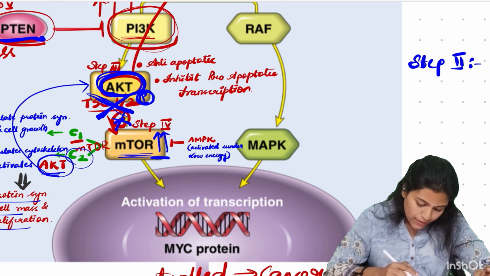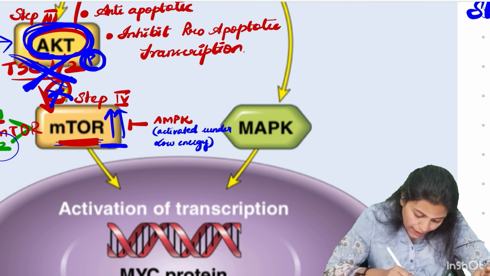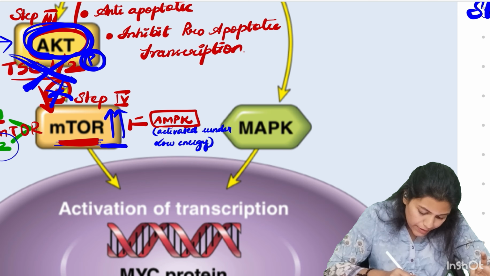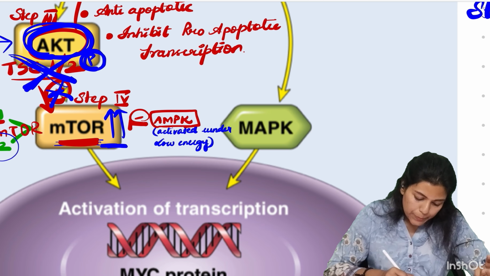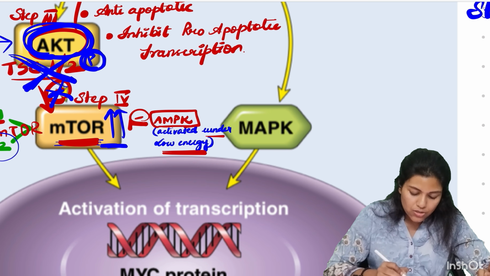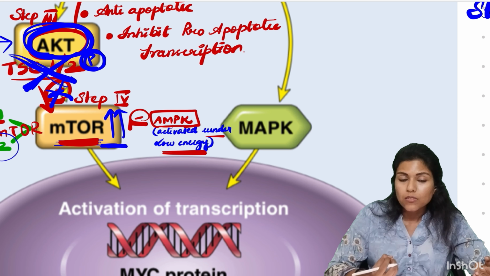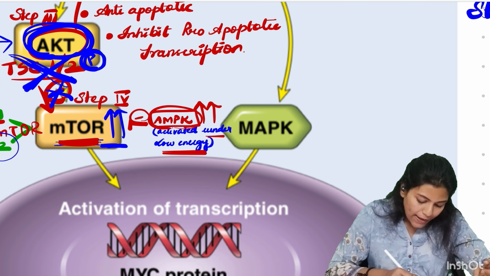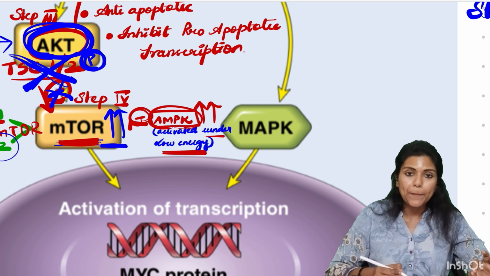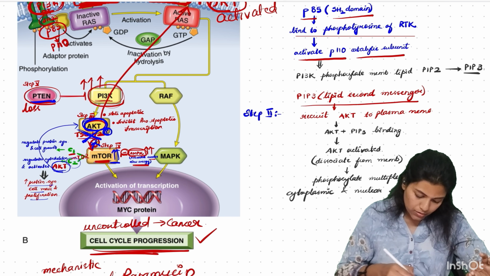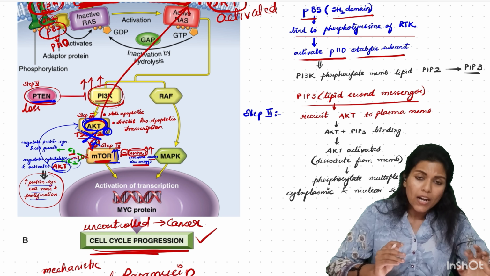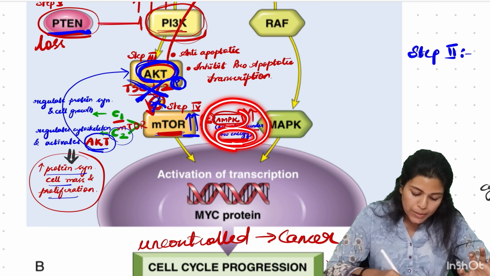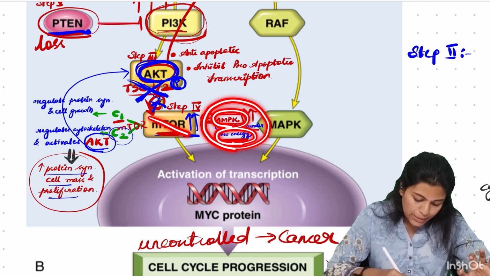Here, at the mTOR level, there is also AMPK, which acts like a brake on mTOR. AMPK is activated under low energy states. Whenever the energy stores are low, AMPK will get activated and act as a brake on mTOR, so it will not progress further into cell proliferation. In a low energy state, AMPK will inhibit mTOR.